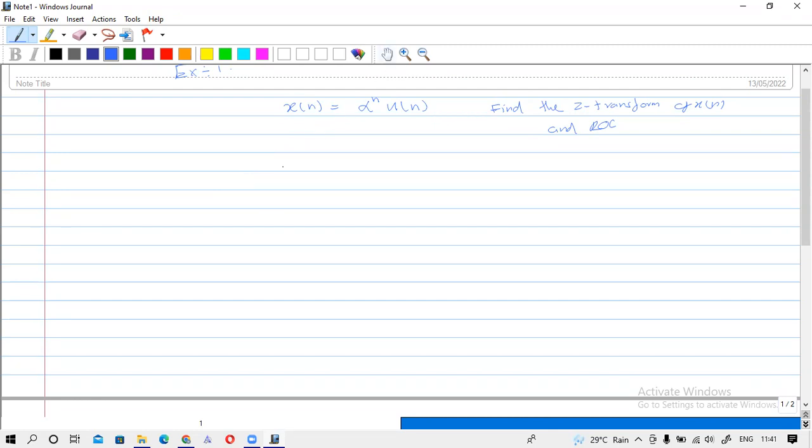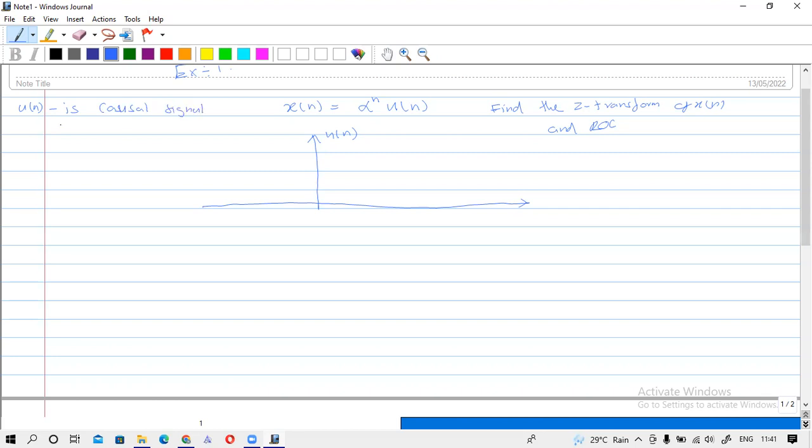So you know that this u[n] is a unit step function. You already know that u[n] is a causal signal.